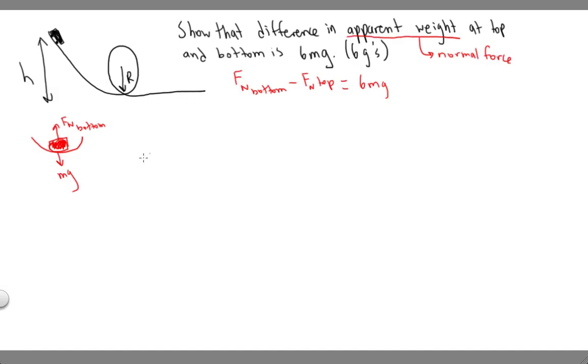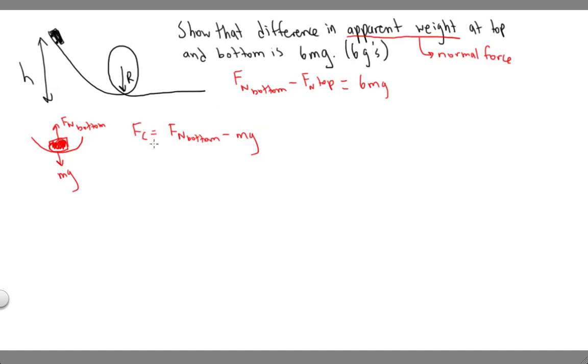We know that the centripetal force in a circular path is always pointed towards the center of the circle. So the centripetal force is the normal force that's pointed towards the middle of the circle, Fn at the bottom, minus mg. That mg force is pointing away from the center of the circle, that's why we're subtracting it here.